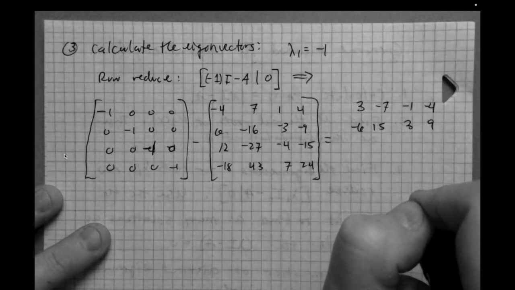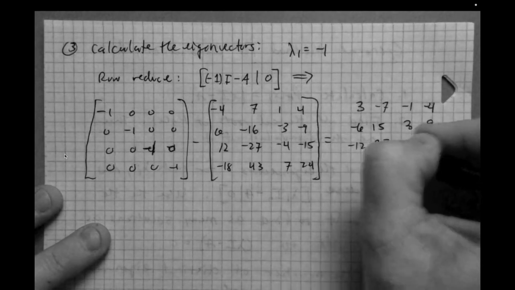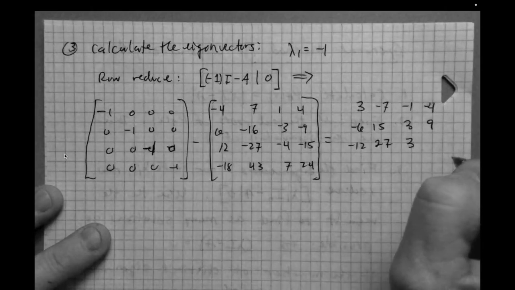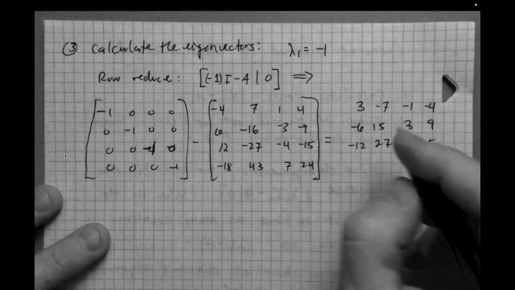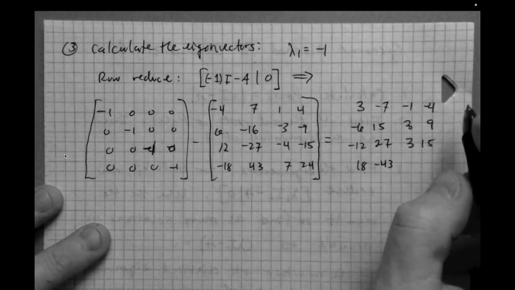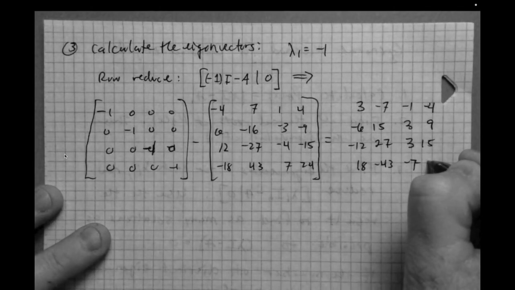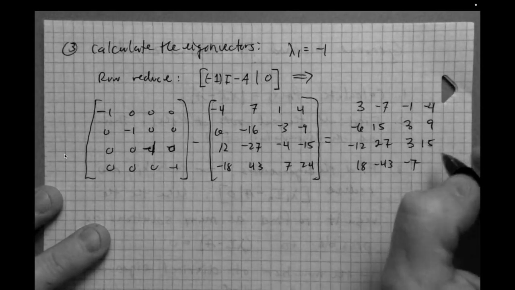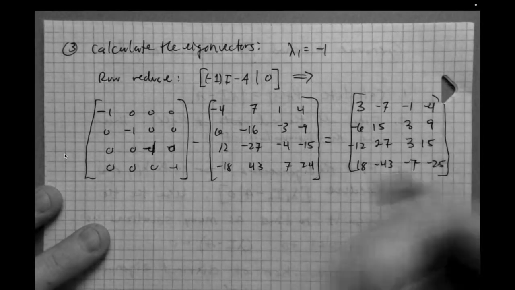And then you get -12 and 27, and then you get 3 and 15, and then 18, -43, -7, and -25. So, yep, -25. All right, so you get that thing there.